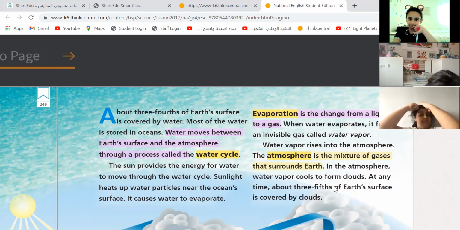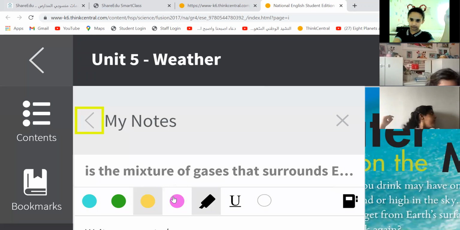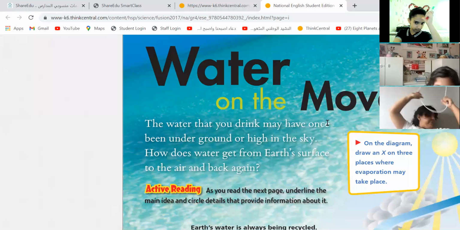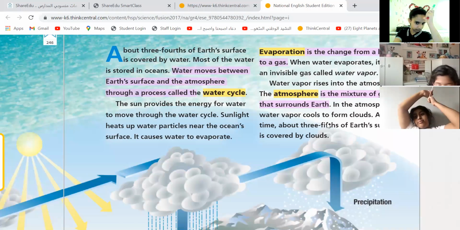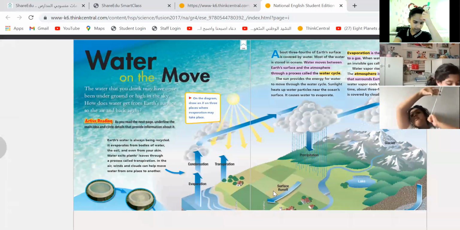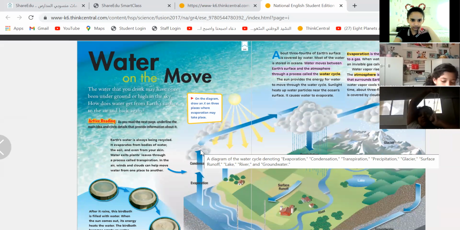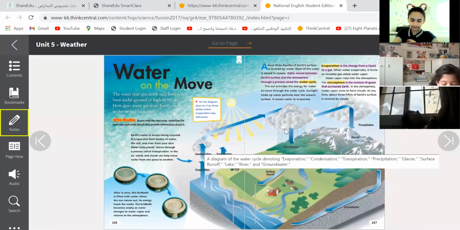Excellent. So a mix of gases makes up the atmosphere. So when the water vapor moves up in the sky, into the atmosphere, does it go as a liquid or gas? Gas. Excellent, as a gas.